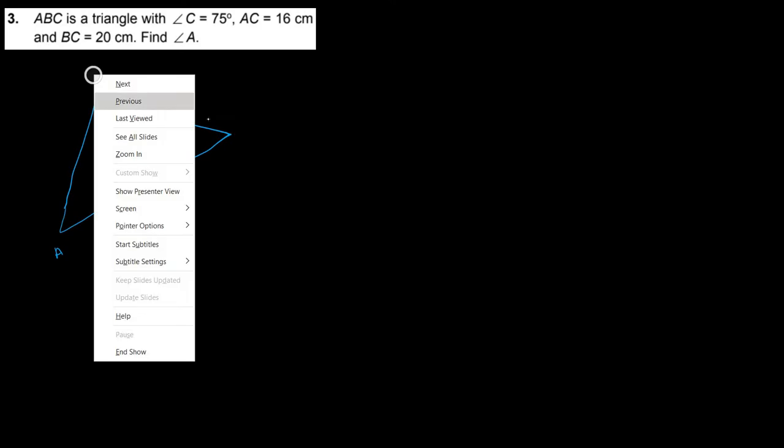Okay, question number 3. Triangle ABC. Angle C is 75 degrees. The length of AC is 16 cm.